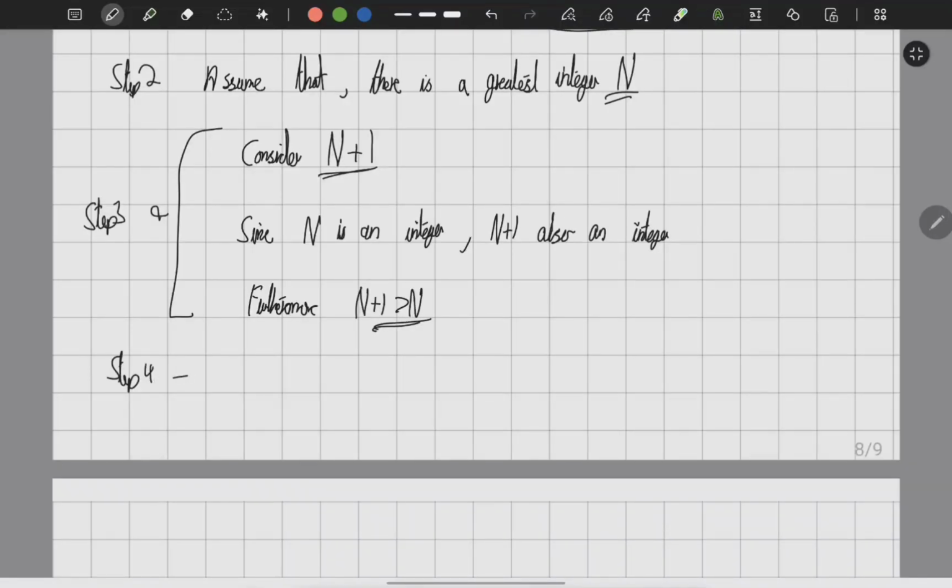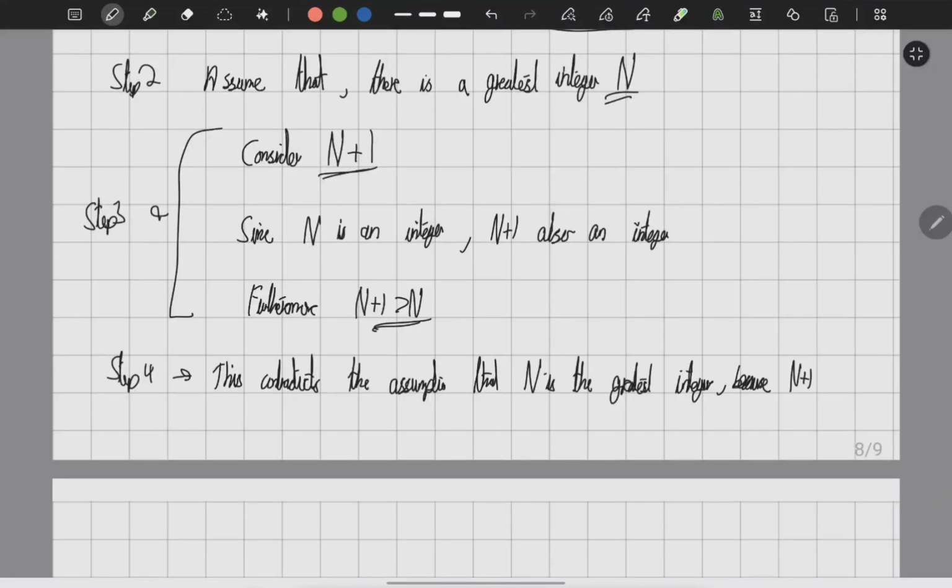is just our contradiction, which you would just write. I can write this again. This contradicts the assumption that n is the greatest integer because n plus 1 is a larger integer, and we've just shown that.